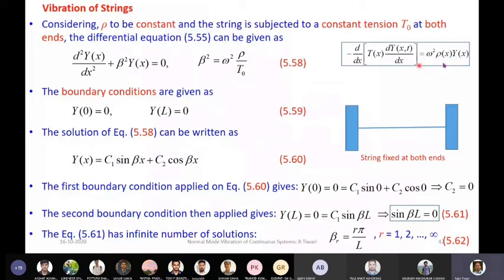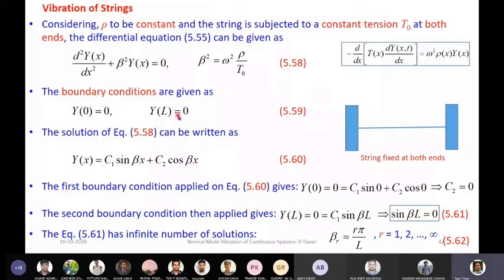So this eigenvalue problem will come to this; we have taken both terms to one side, so the minus sign is not there now. The boundary conditions are: at x equal to 0, y is 0, and at x equal to L, the other end also y is 0. So this is the differential equation and the associated boundary conditions.